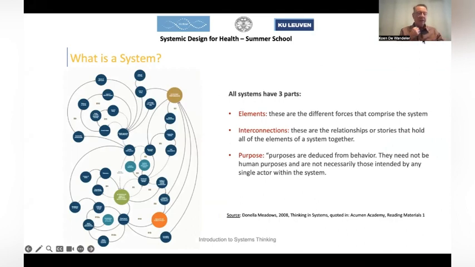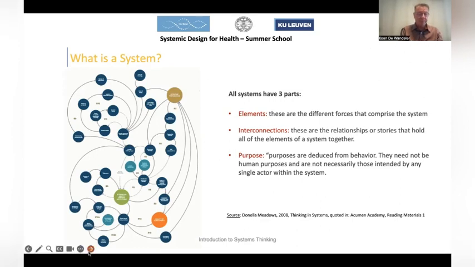So here, at the left-hand side, you have an illustration of a system. All the dots are elements, and you will see if you watch very closely that there's arrows connecting all those different dots, meaning what is the influence of one dot on the other. Those are the interconnections, and there's a purpose to the system.